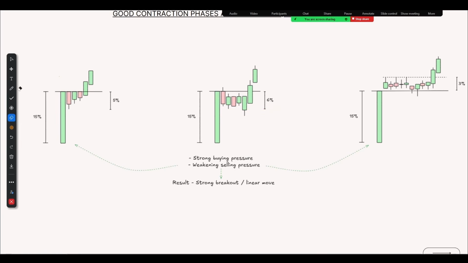Yes. So this contraction structure tells us that even if the supply pressure increased in this candle, it got quickly absorbed by the strong hands and ultimately resulted in a strong up move. After a good up move, it gave an expansion candle right here and the highs are being protected.